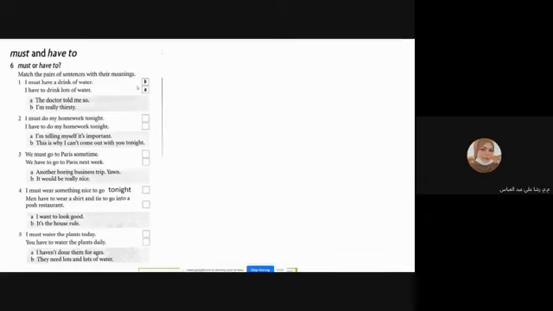3. We must go to Paris sometime. We must go. It would be really nice. سيكون من اللطيف أن نذهب إلى باريس. استخدمت must لأنه الشخص هنا عن قناعة يقرر الذهاب إلى باريس. الجملة الثانية We have to go to Paris next week.